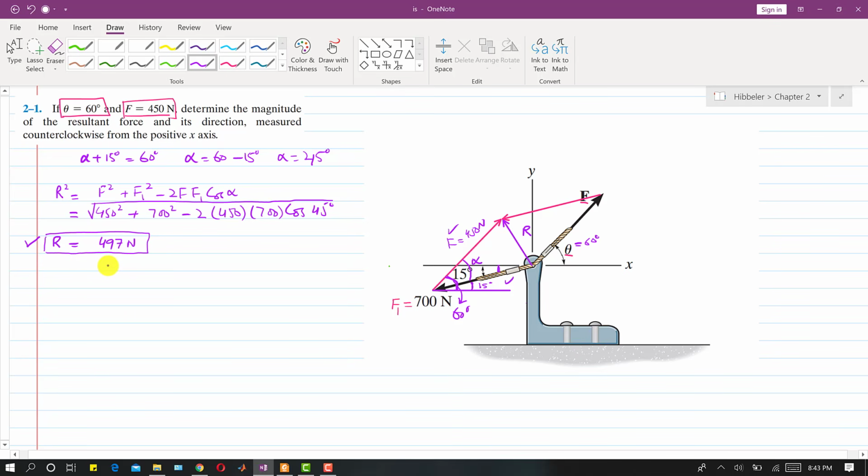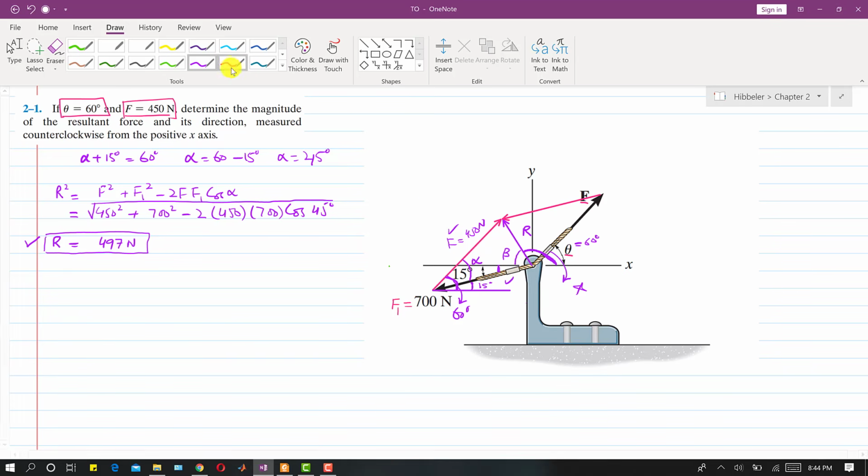Now we are asked to find the angle of this resultant with the positive x-axis. So we are required to find this angle. Let's suppose this angle is phi, and let's suppose this angle is beta. Now we know the angle between the resultant and this force F1.